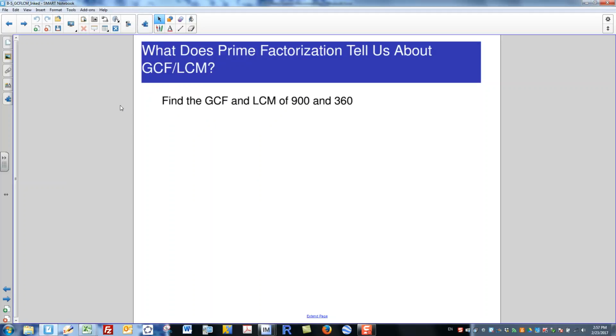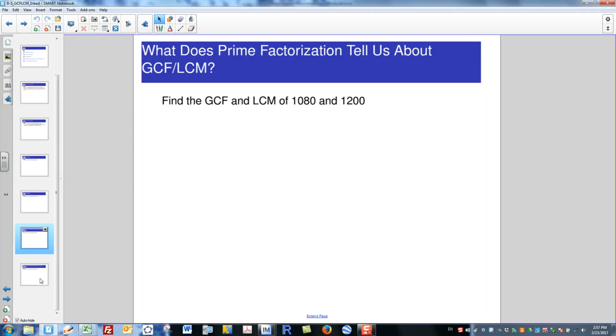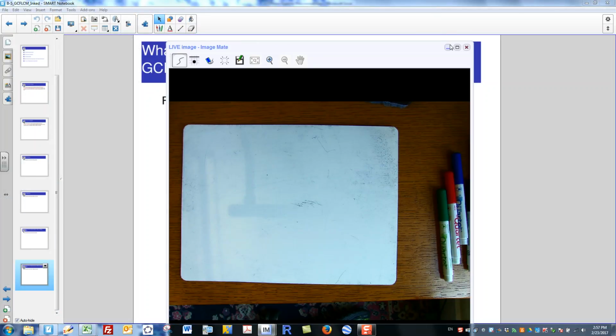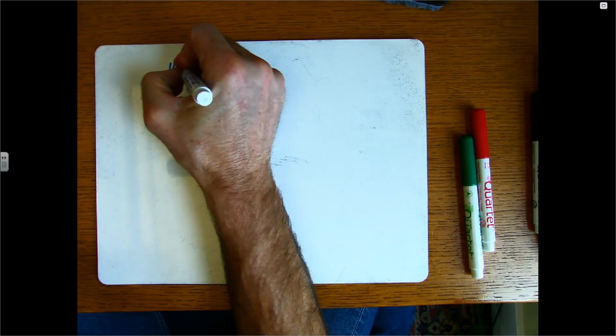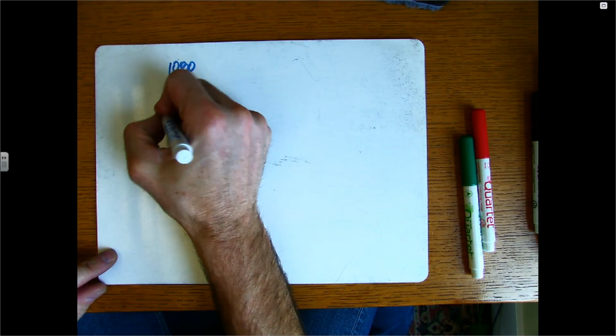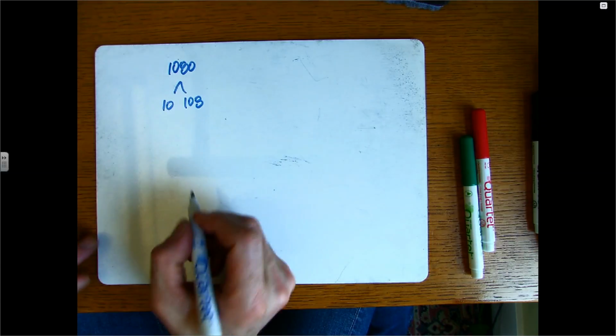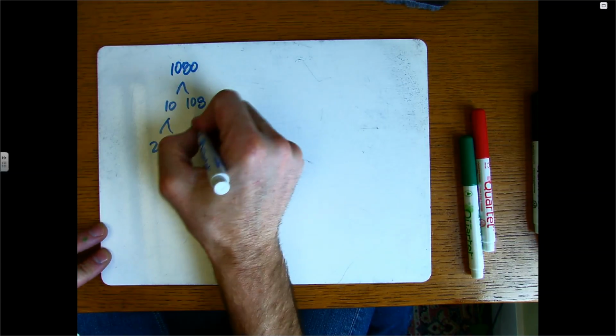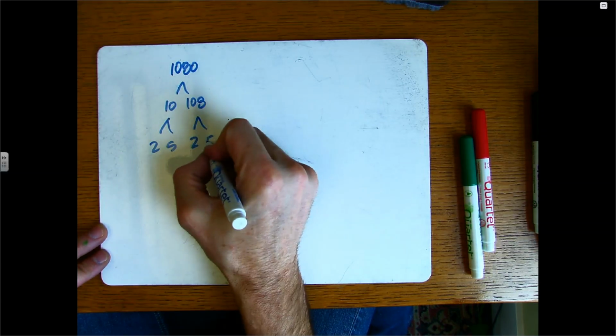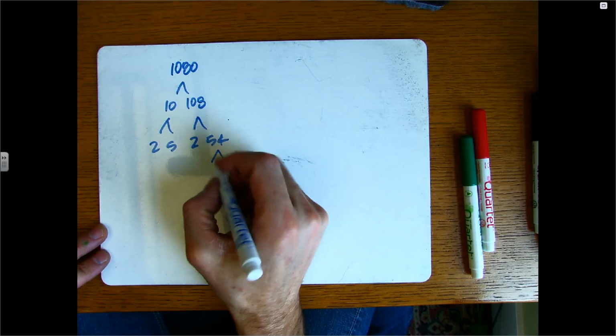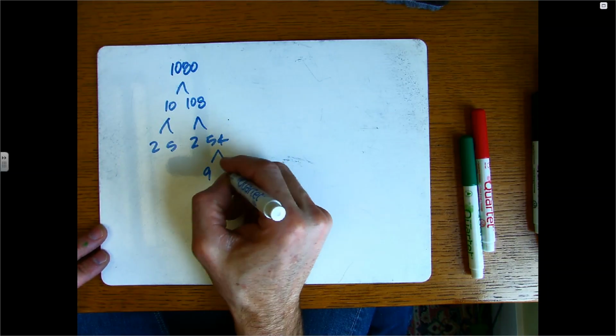Let's see here. What were the other 2 numbers? 1080 and 1200. So let's first find 1080's prime decomposition. So I'd see 10 and 108, 2 and a 5, 2 and a 54. 54 can be written as a 9 times a 6.